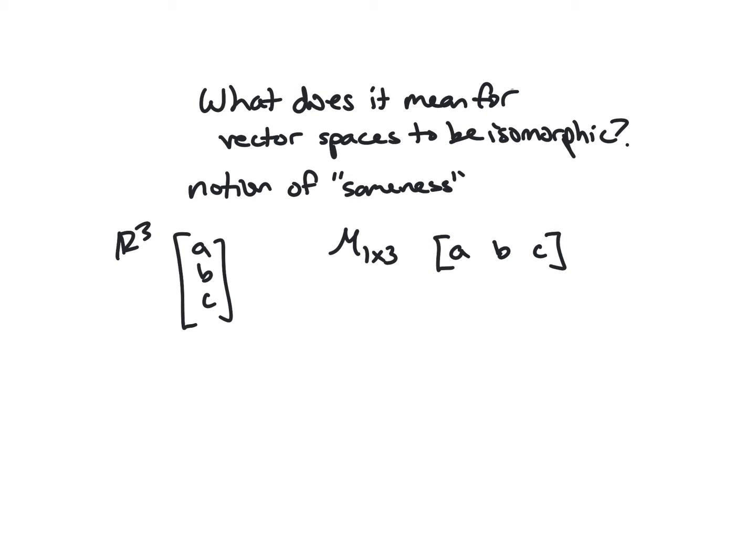Now you've seen something else that behaves the same as R3 as well. What about P2? What does a general thing in P2 look like? It looks like ax squared plus bx plus c. And of course, what really matters when you start adding or scaling these polynomials is that the coefficients change.